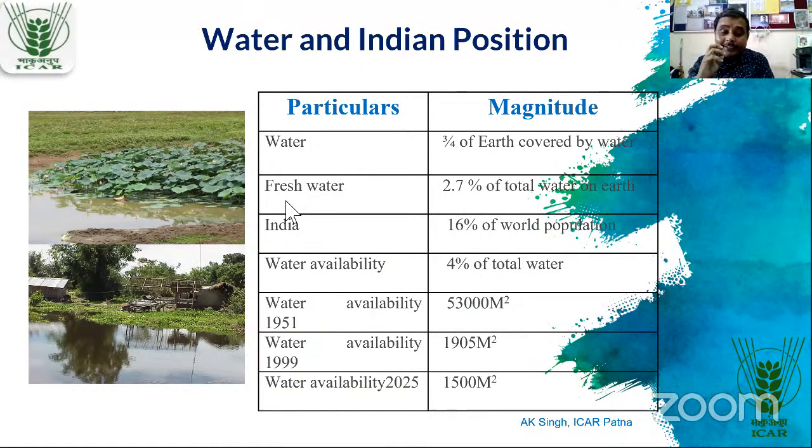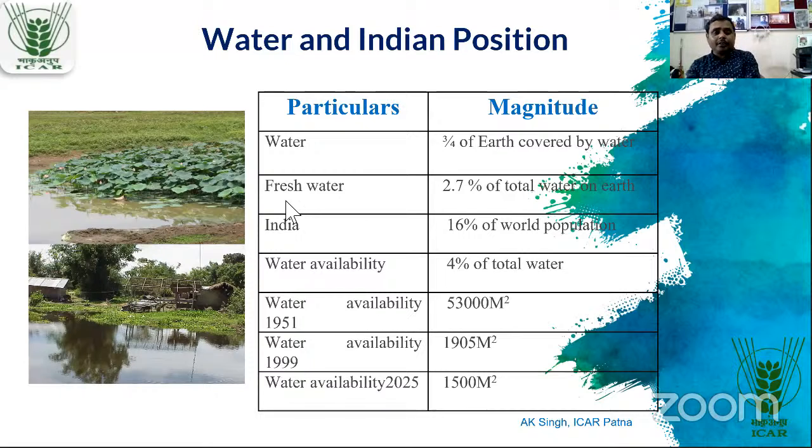India is home to 16% of the world population, but out of the 2.7% fresh water, our share is only 4%. Availability of water per person in 1951 was 53,000 meter cube, which has drastically reduced. And if it reduces to 1,000, this will be a very alarming situation.